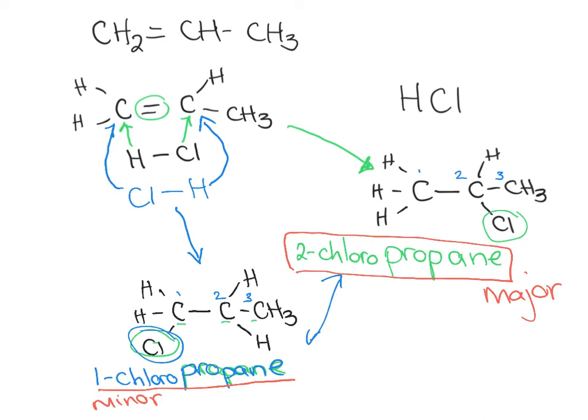And the way we describe it is that the carbon that has the most hydrogens to start with, so this carbon here has got 2 hydrogens, and this carbon here has just got 1 hydrogen attached to it. So the carbon that's got more hydrogens on it is more likely to get the extra hydrogen atom. So the hydrogen-rich carbon gets richer, and the hydrogen-poor carbon doesn't get the extra hydrogen atom.